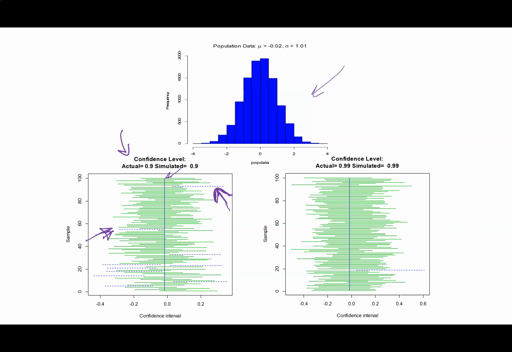If you look here, this entire interval is actually below it. And if you look across all of the possible ones, roughly 10% of them are missing. They're either above or below that true mean. Versus if you look at 99% confidence, they are wider than the 90% confidence intervals, but they miss less often. So it's definitely worth keeping in mind.